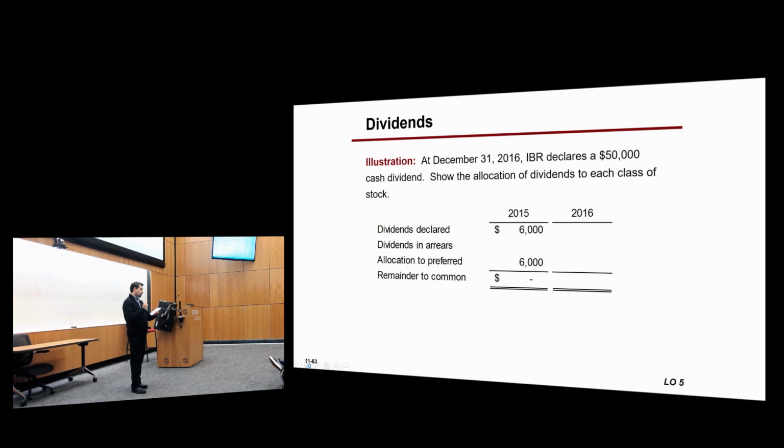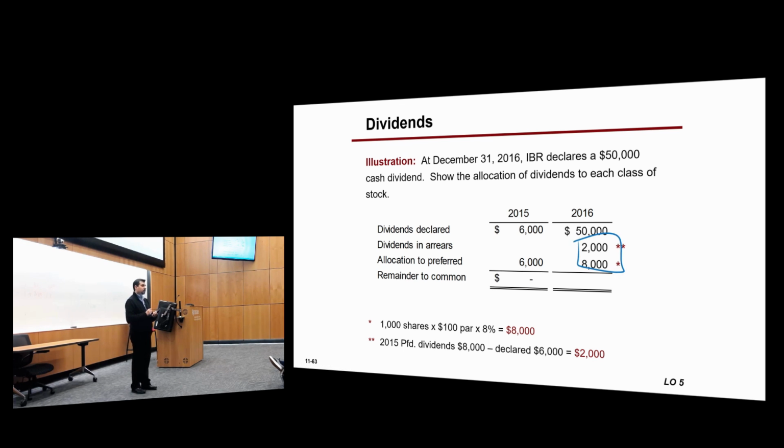So it will be 10,000. The dividend declared is 50,000. Dividends in arrears are 2,000, and to preferred is 8,000.